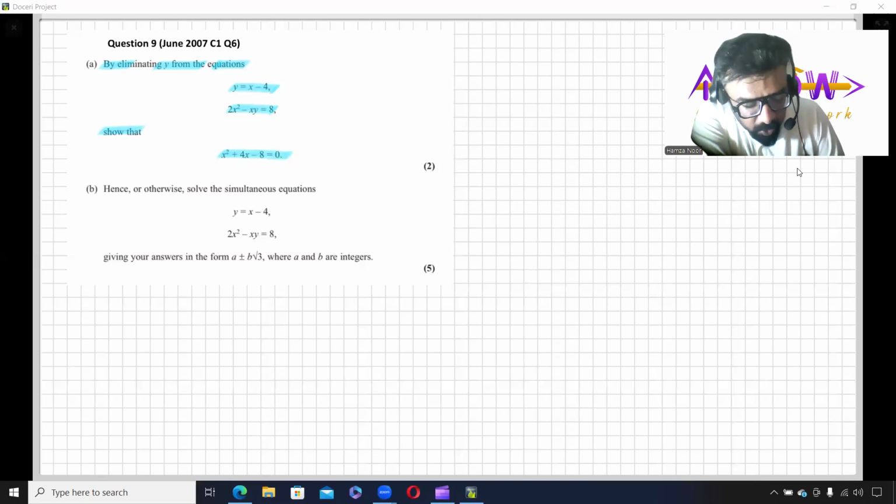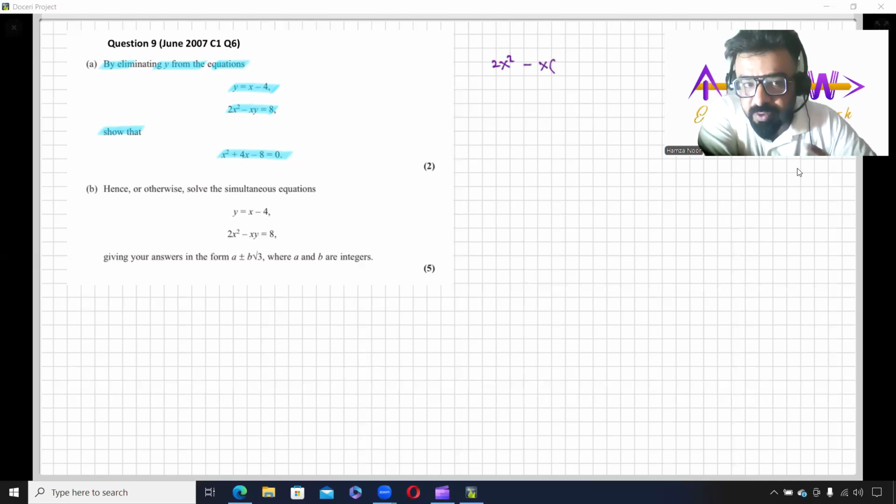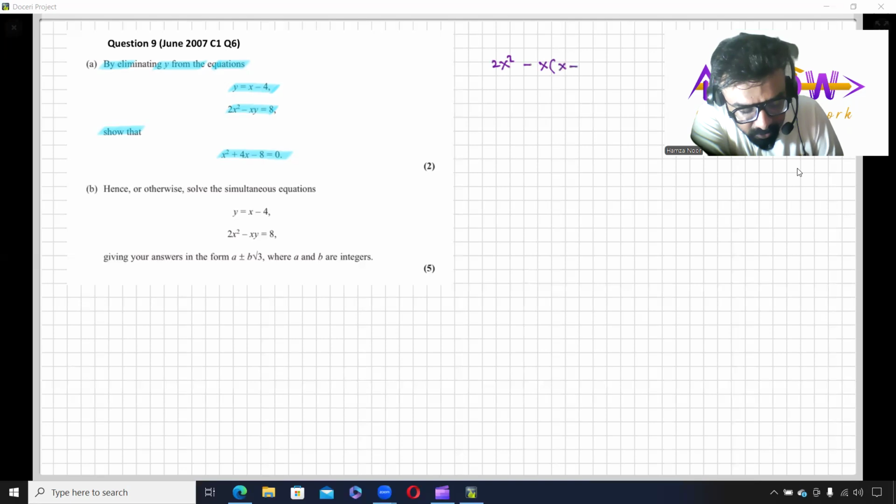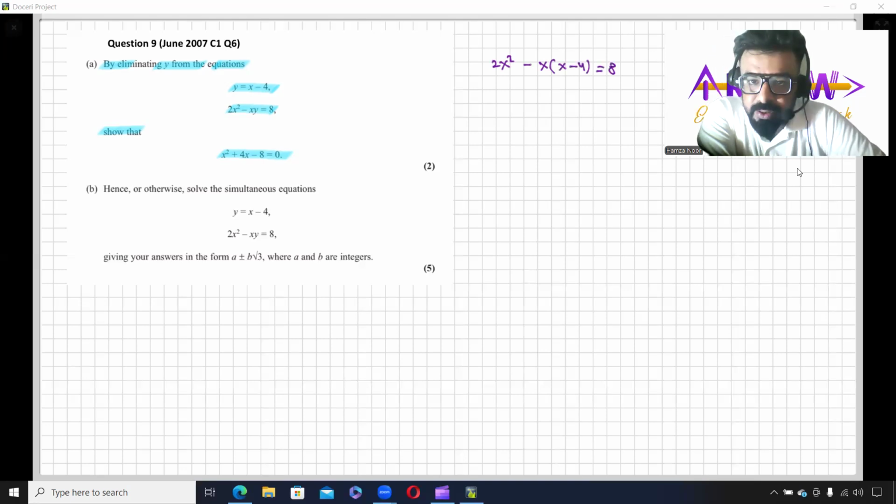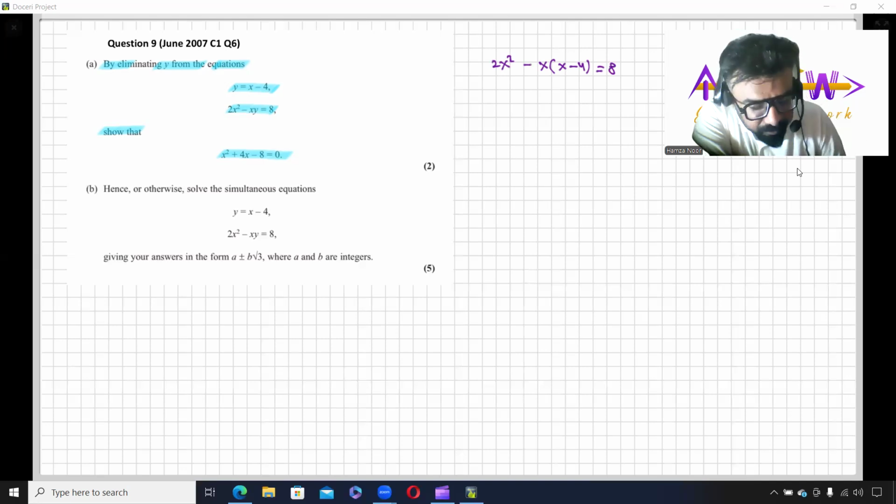As the equation of the curve is 2x squared minus xy is equal to 8, in place of y, I'm going to write x minus 4, so that the variable y is eliminated. Now in the next step, 2x squared minus x squared plus 4x minus 8 is equal to 0.